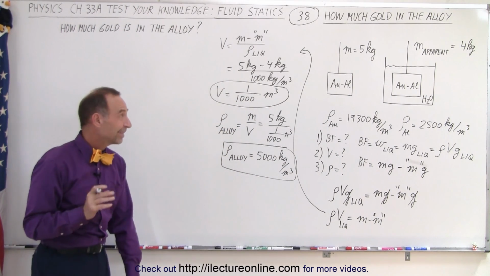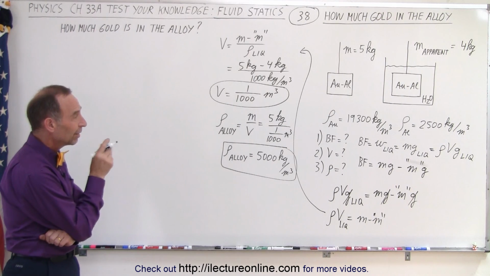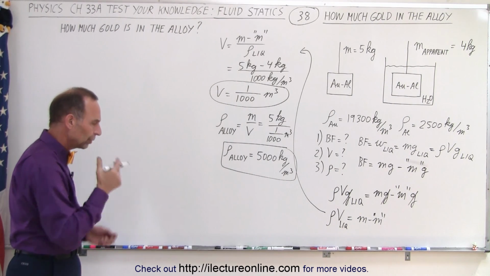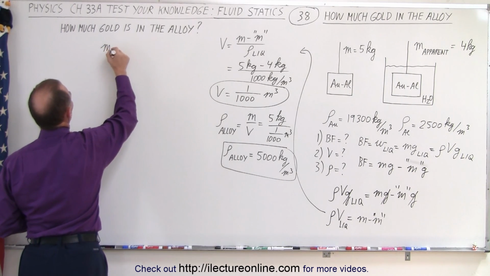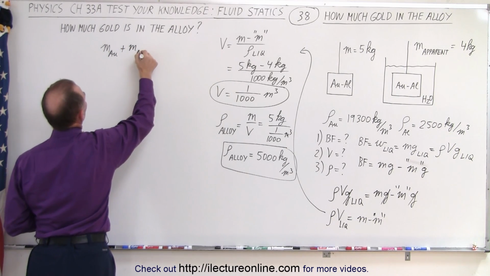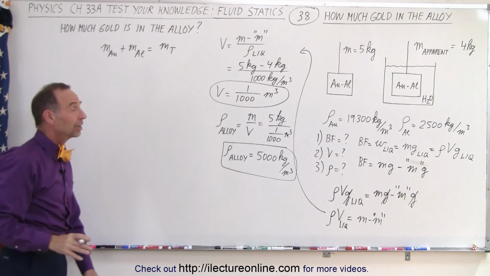Okay, now that we have the density and the volume, we're supposed to find the fraction of that alloy that's actual gold. So we have to set up an equation where we can say that the mass of the gold plus the mass of the aluminum must equal the total mass. Now we know the total mass, that's 5 kilograms.